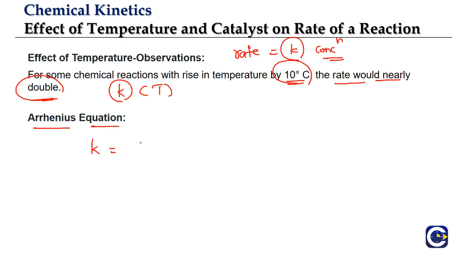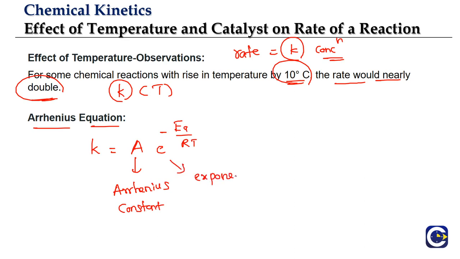The Arrhenius equation is K equals A, which we call the Arrhenius constant, times e to the power minus Ea by RT. Small e is, in mathematics, the exponential constant.